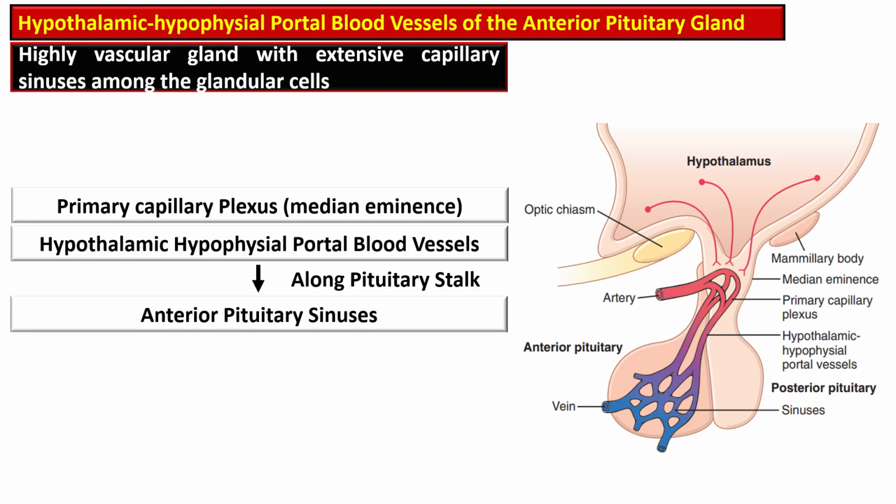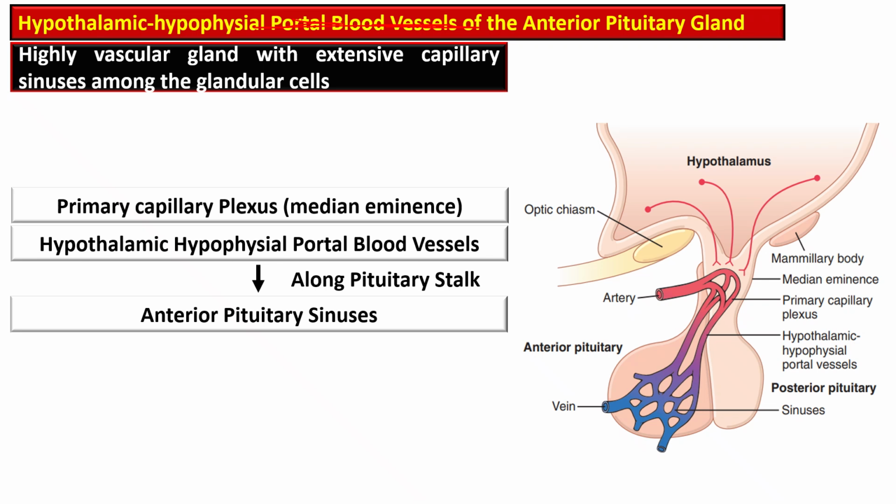The anterior pituitary is a highly vascular gland, and this is by the dual capillary network or portal circulation of the hypothalamic hypophyseal portal blood vessels. So blood does not arrive directly from the systemic circulation to this organ.